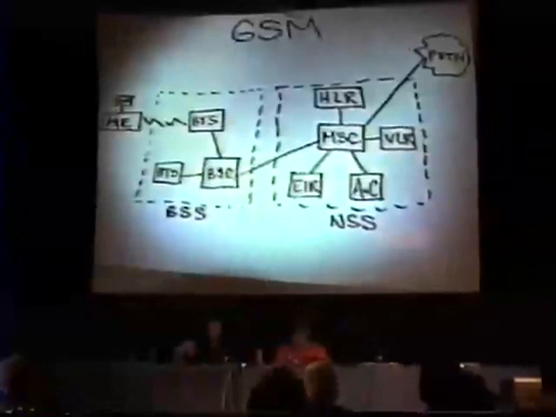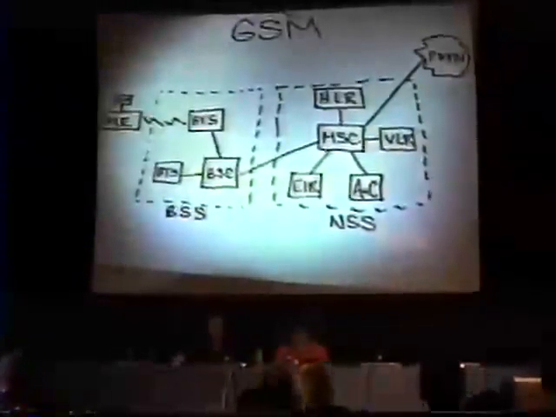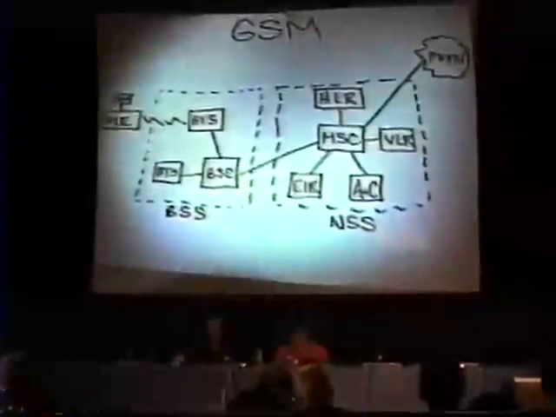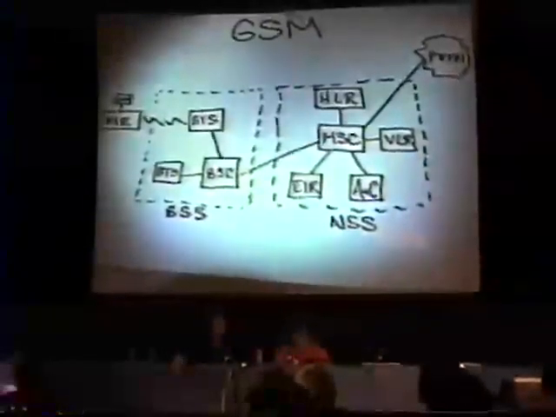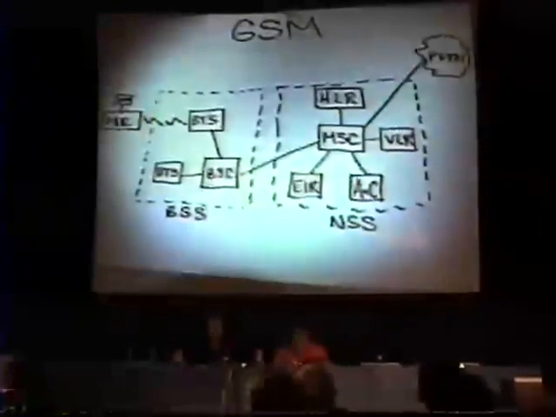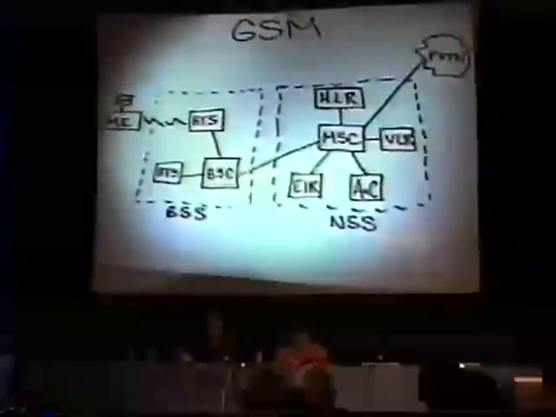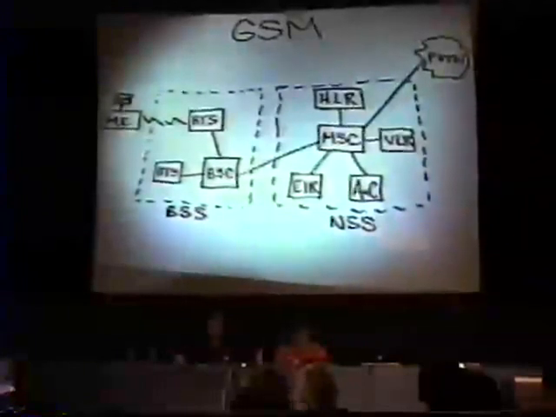The way it all ties together is that the MSC accesses two really important databases. The first is the HLR, the Home Location Register. The HLR is more or less a switch in its own right.